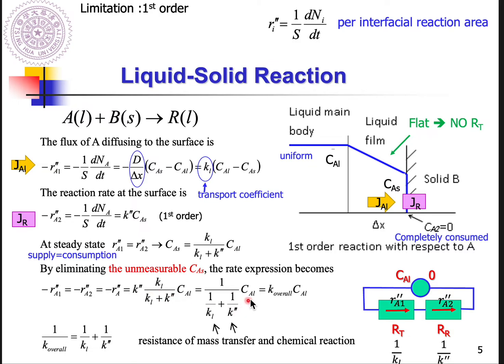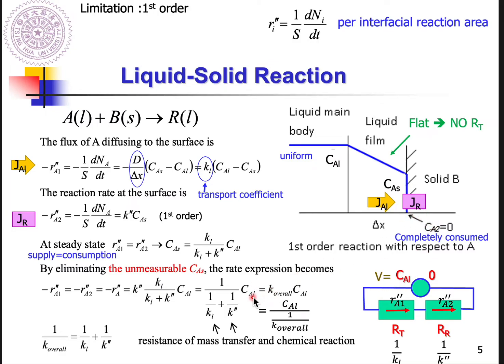Let's check. If you consider an electrical circuit, usually you have the voltage driving the current passing through different resistances. Here, as we mentioned before, at the surface the reactant A is consumed completely.